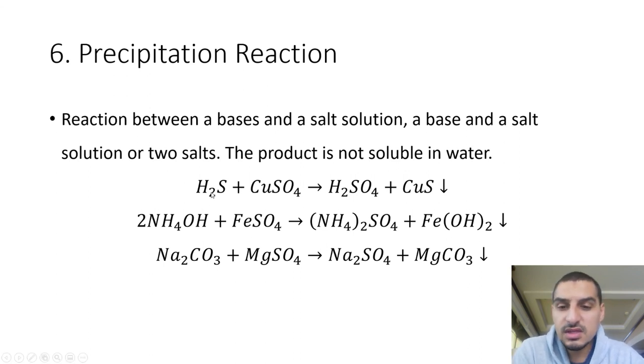And here we have the same H2S reacts with copper sulfate to produce sulfuric acid and copper sulfide, and this should react with this in a higher rate to produce these two. But this doesn't happen. The backward reaction never happens, and the reason it doesn't happen is because copper sulfide precipitates and leaves the solution, so sulfuric acid cannot react with it.